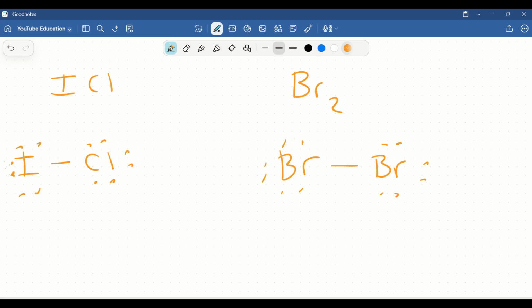Now, are these molecules polar or nonpolar? I'll give you a minute just to take a look at the problem and determine whether they're polar or nonpolar.